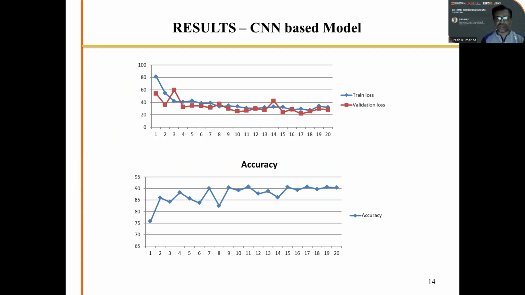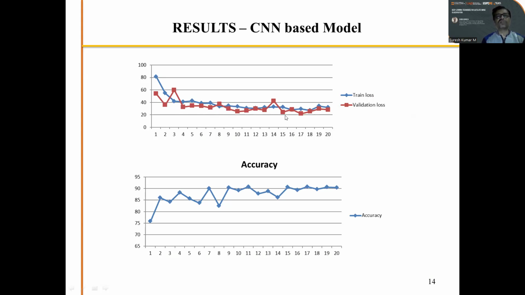So in the first graph, on the x-axis we have epochs from 1 to 20. On the y-axis we have marked train loss and validation loss. The blue color indicates train loss and red color indicates validation loss.